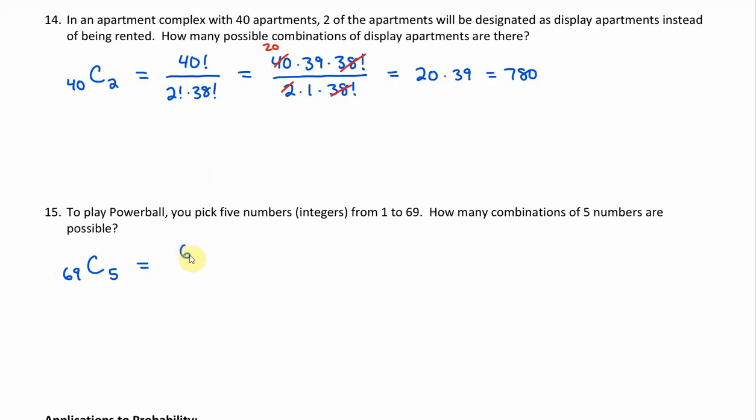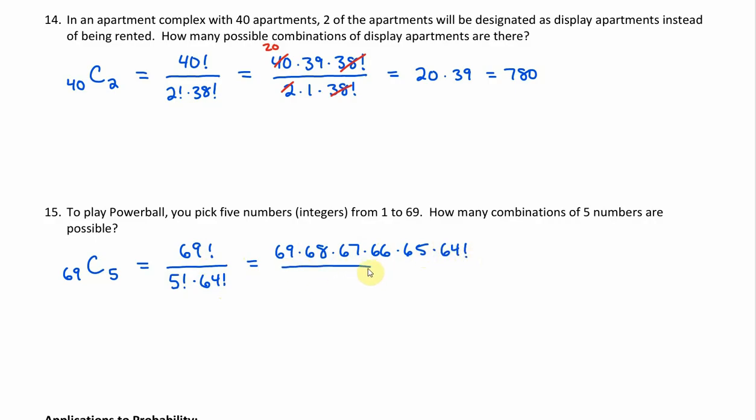Okay, so if I expand it, 69 factorial, which is a huge number, by the way, over 5 factorial times 64 factorial. And you know we're going to get rid of the 64 factorial. So that means I'm going to write the top as 69, 68, 67, 66, 65, and then 64 factorial.